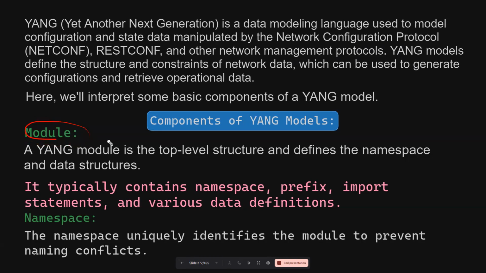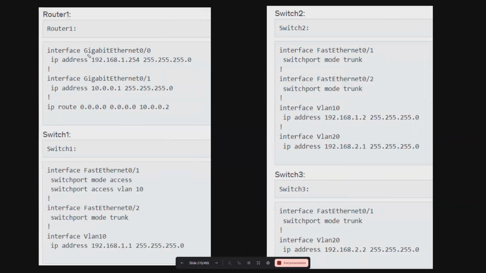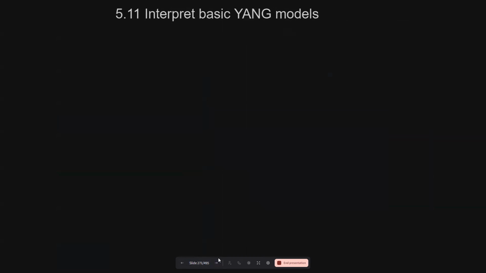What is this module? Obviously, some module, for example, interface configuration. So I can go to this interface, and in this interface, I have IP address, description, some other configuration. So within the module, I can configure the items, right?